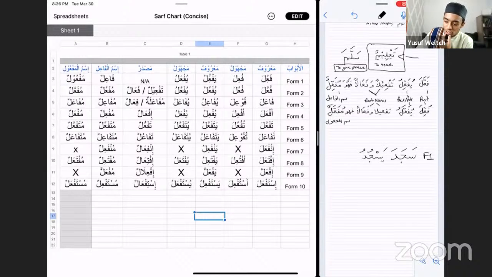Sajadta. Sajdta, so there's a sukun on the dal. Okay, sajatuma, sajatum, sajati, sajatuma, sajatunna, sajatu, sajatna. So that's past tense, form 1.